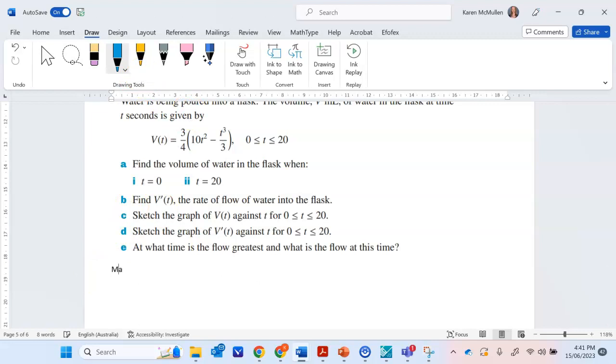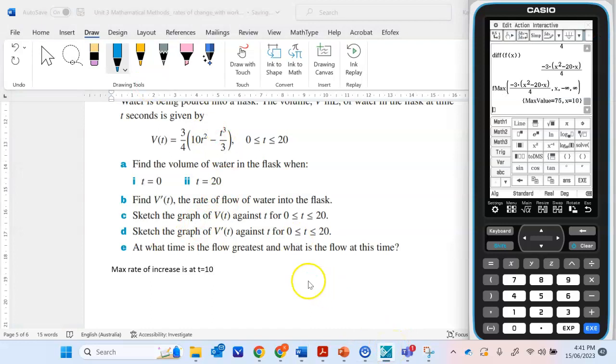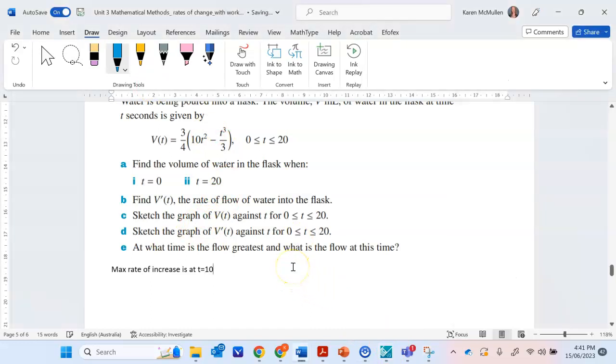Maximum rate of increase is at t equals 10, and it was 75.